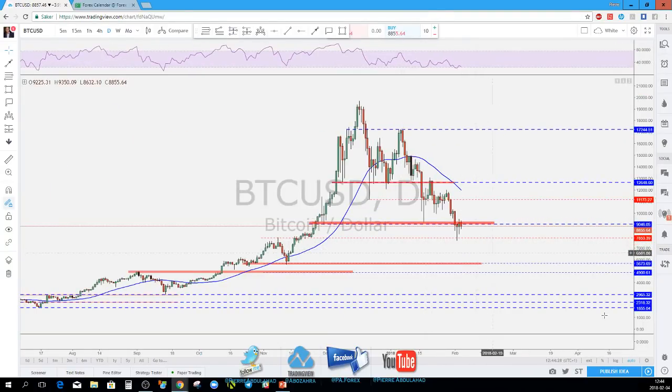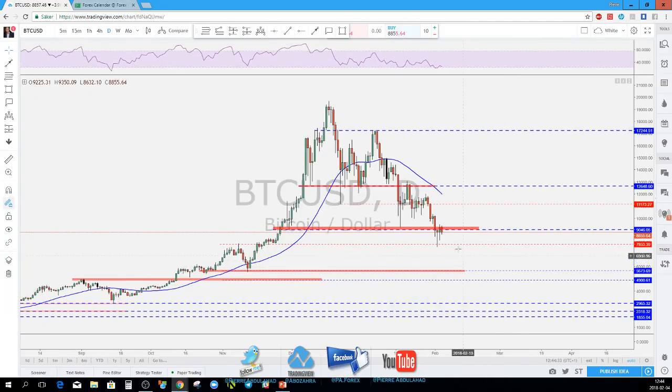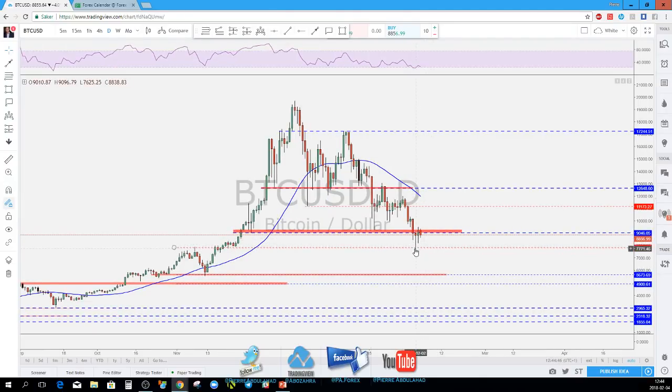And the last chart, Bitcoin, guys. As I said last week, if the area here to be broken, then we may test the 7,800 before we get a bounce, and exactly that level did hold.